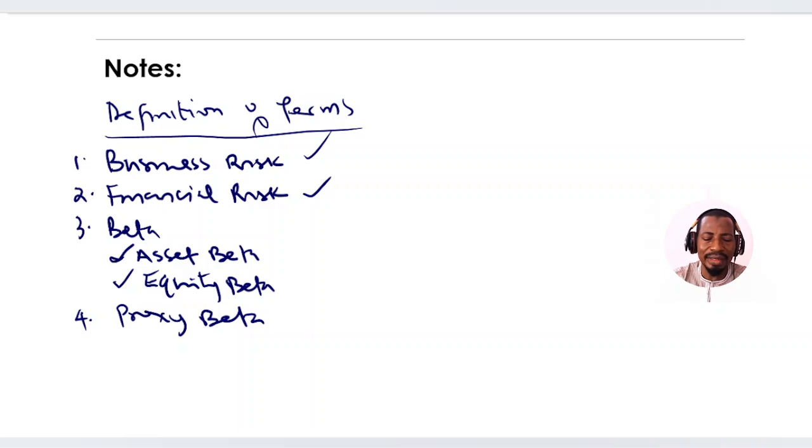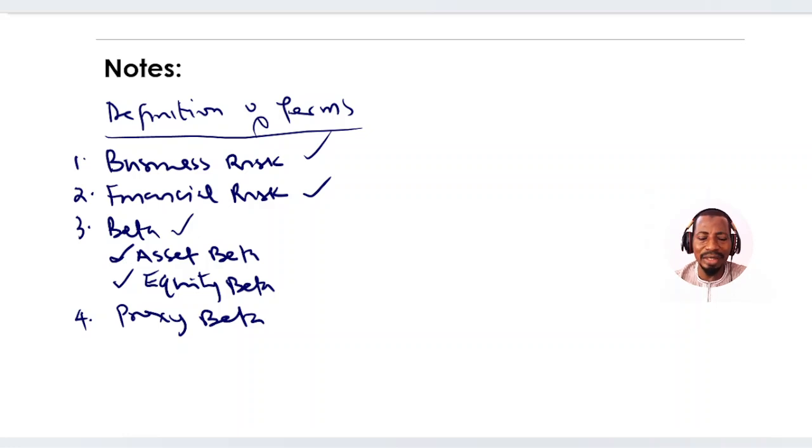So we have asset beta. Okay, there are two types of beta. One is asset beta, then two is equity beta. What do you understand by asset beta? Asset beta measures only business risk. When you want to determine the risk that affects the industry where a company operates, then you are going to calculate asset beta, because like I said, asset beta measures only business risk, and business risk measures the risk associated with the industry where a company operates.